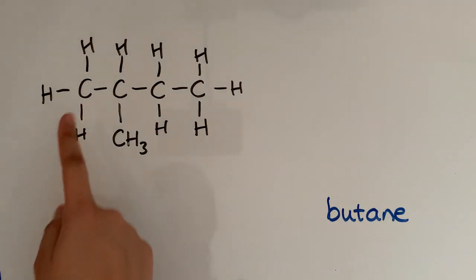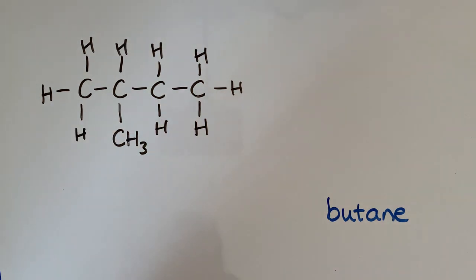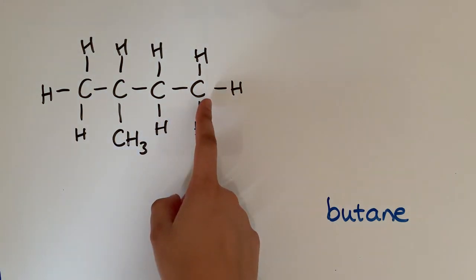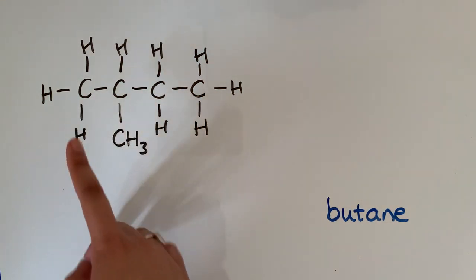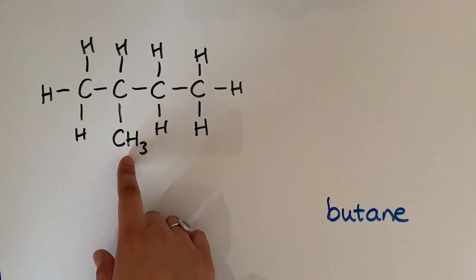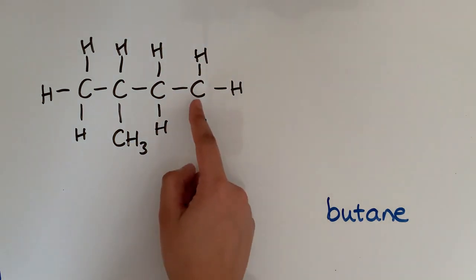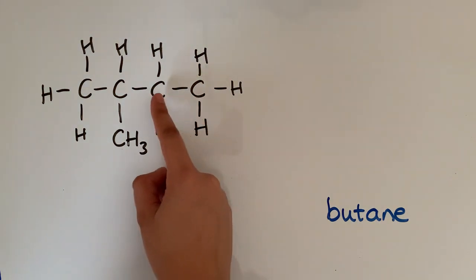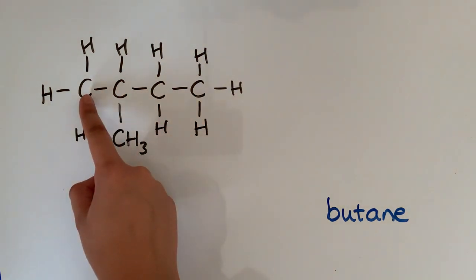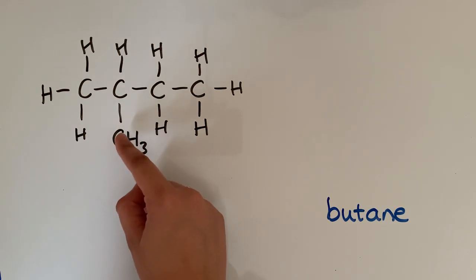What we now do is number the carbons in that longest carbon chain. We could either start numbering from here or from here. We need to start numbering from the end where the branch falls on the smallest carbon number. If I start numbering from here, carbon 1, 2, 3, and 4, this branch comes off of carbon 3.